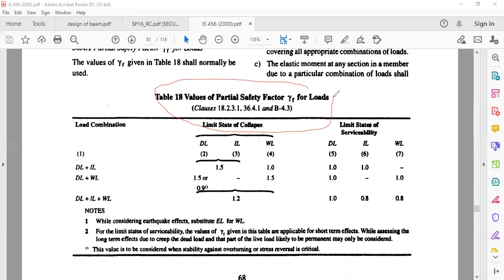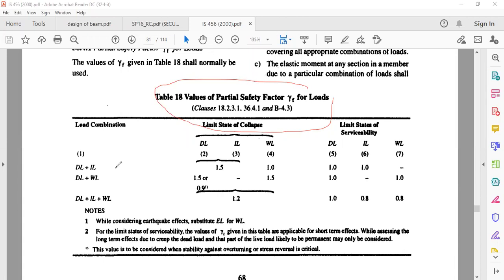Many times we go for software. There are certain software available to design or even analyze, like STAAD Pro, then ETABS, SAP. With the help of this software, you can analyze and design a structure. Many times, people go ahead with that.